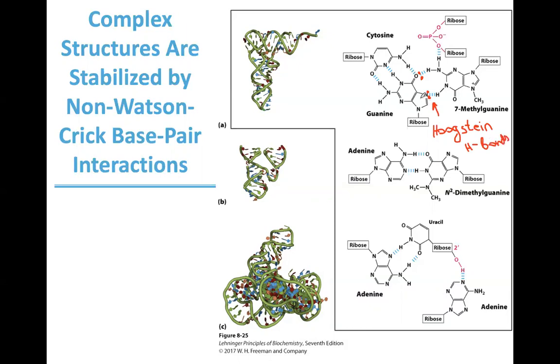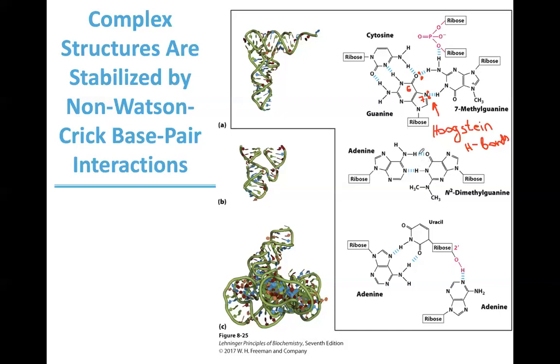So this will be position 7, and this is position 6, right? Position 7 and position 6. It is typical for nitrogen 7 and oxygen 6 to participate in this kind of Hoogsteen bonding.